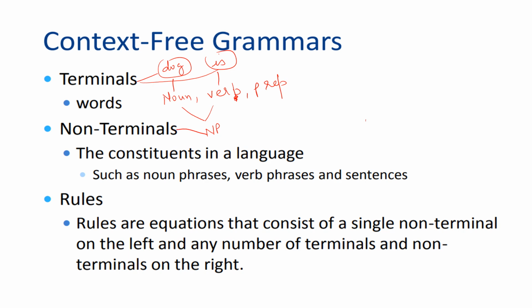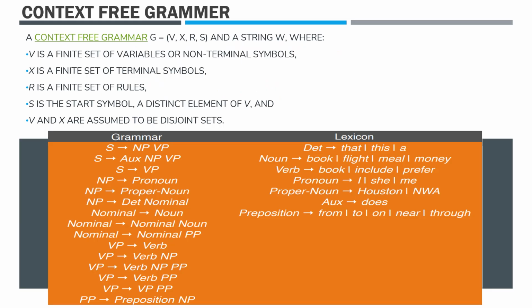We can have a set of rules where the terminals are combined to give me the non-terminals, and we can combine the non-terminals to make new rules. So let's take one example of this context-free grammar.